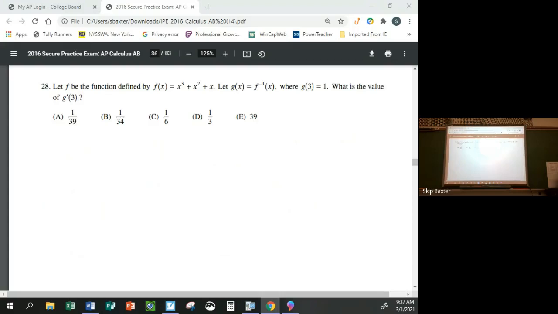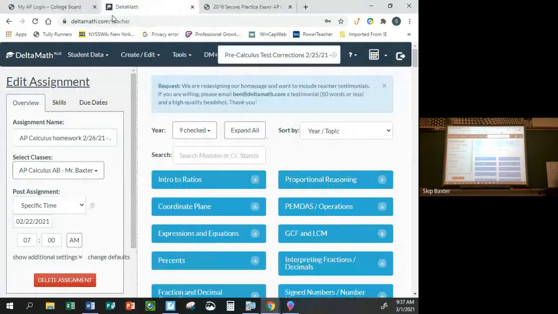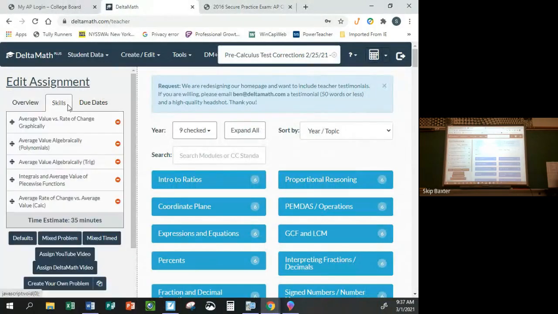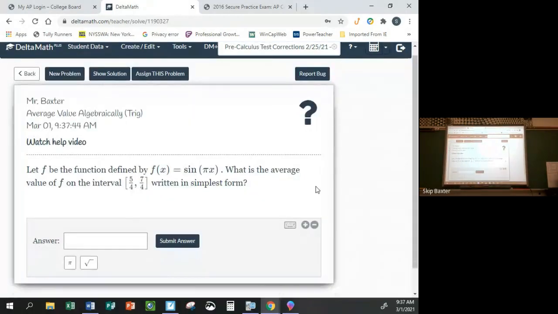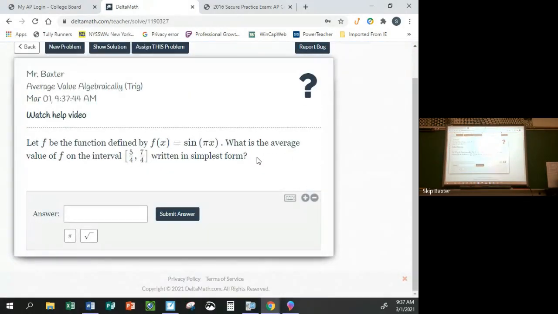Gotta find the assignment. So do this one here, I assume. Okay. So that one's not too bad, right? Let's do one that's a little harder.